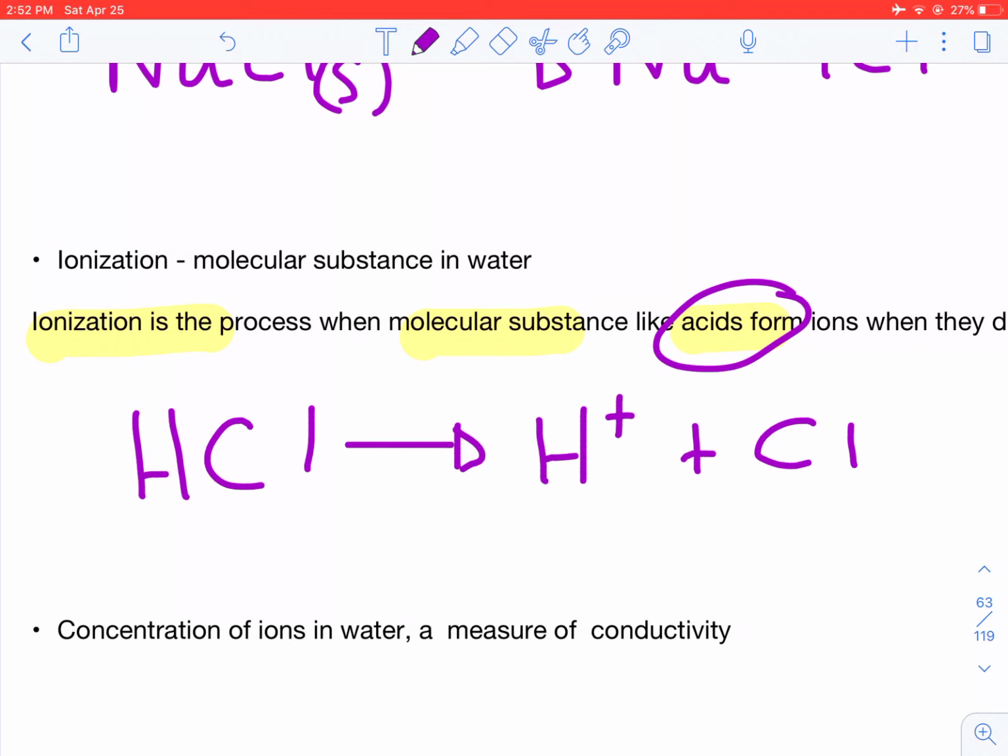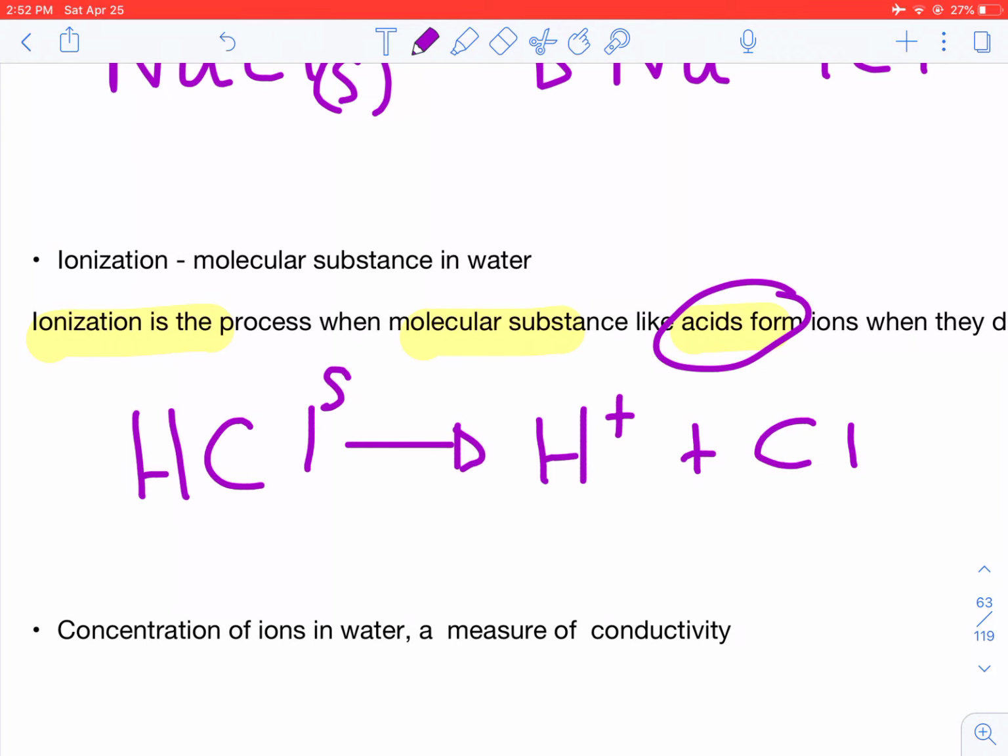There are no ions involved here, but we do know that the hydrogen and chlorine share a pair of electrons between them, and they are unequally shared because chlorine is more electronegative than hydrogen, so it attracts the electrons more towards it than hydrogen.